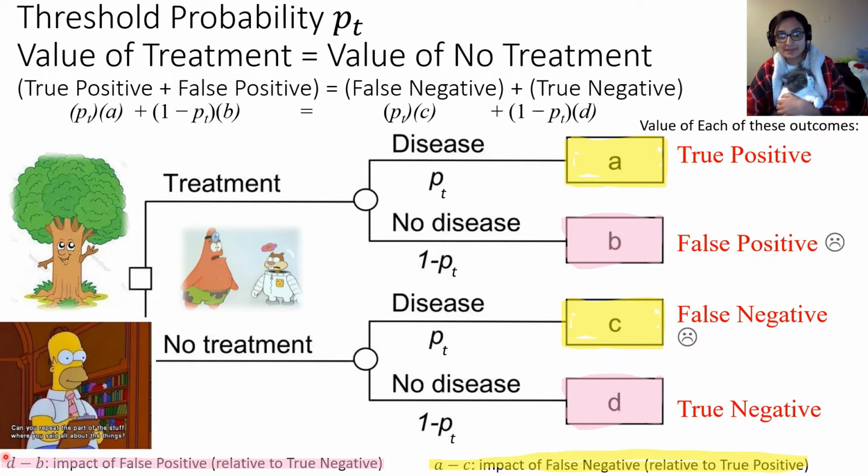This is the impact of a false positive relative to a true negative. That's what we can figure out: D minus B, B minus D. Basically, we're figuring out why it's important to detect that someone who does not have the disease does not have the disease, and it tells you the harm of a false positive.